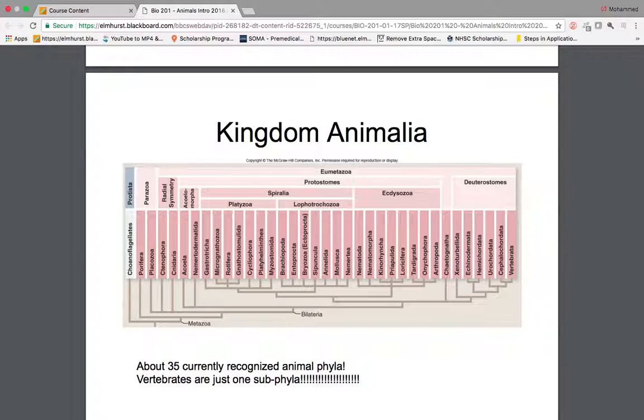There are more snail species than there are vertebrates. About 65,000 snail species. How many beetle species are there? Ten times that, 600,000 beetle species.